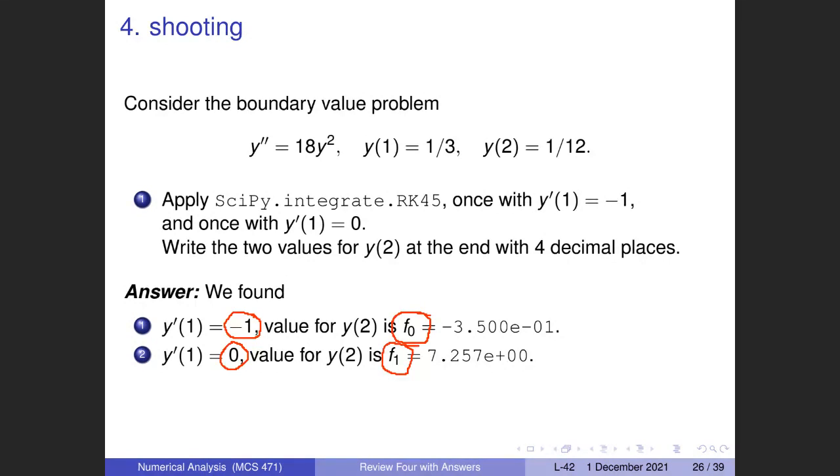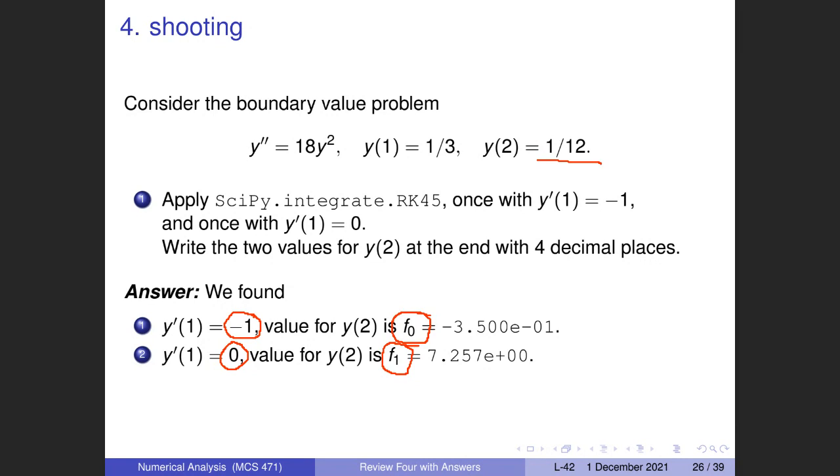So we are looking to represent the result of the shooting method by means of a polynomial. And we are looking for where the polynomial takes the value 1/12 at the end.